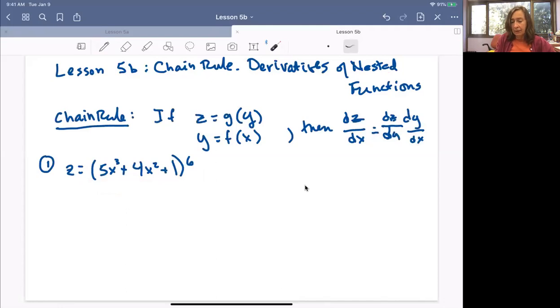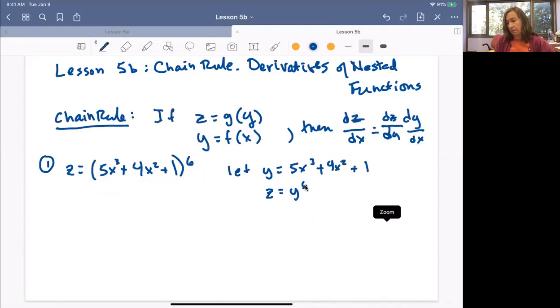To use the chain rule, let's be explicit about what the inside function is. Lurking in z, there is a function y, and I'll let y equal 5x^3 + 4x^2 + 1. What that means is z is y to the 6th power.